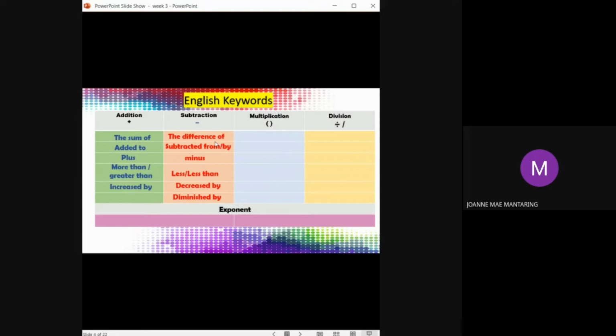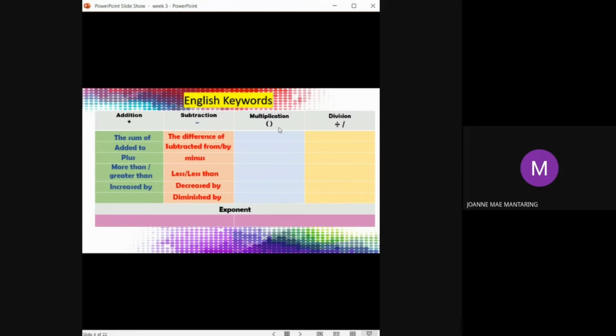Okay. Now let's talk about multiplication. So this is the symbol for multiplication. Ginagamit natin yung parenthesis. Remember, in algebra, we do not use x, yung multiplication na x, as a symbol for multiplication for some reason. Kasi nga, kapag ginamit natin yon, pwede tayong ma-confuse. Bakit?